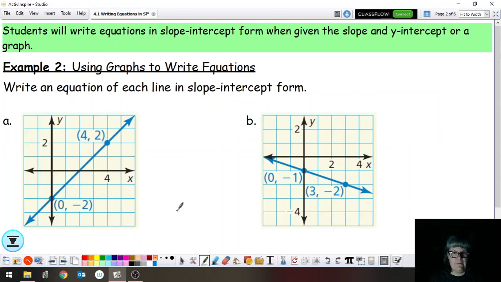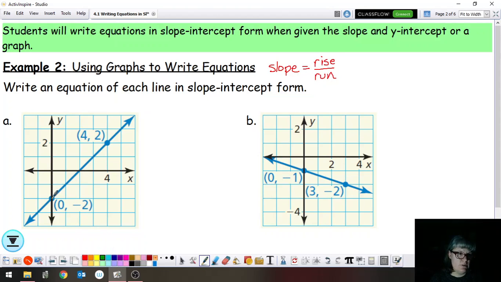Here we're going to have to write the equation from a graph. And we need to remember that slope is rise over run, because the slope isn't just given to us. But we are given the y-intercept.